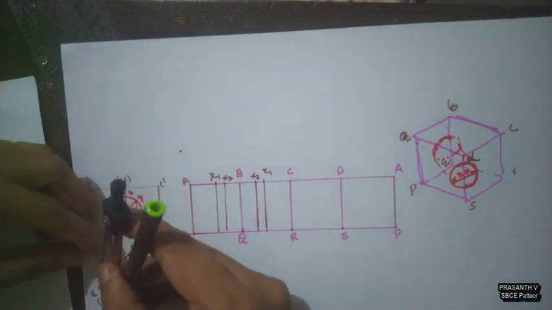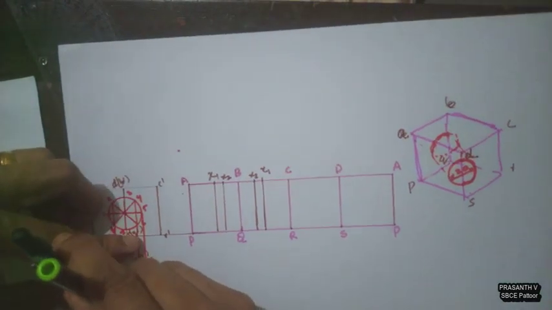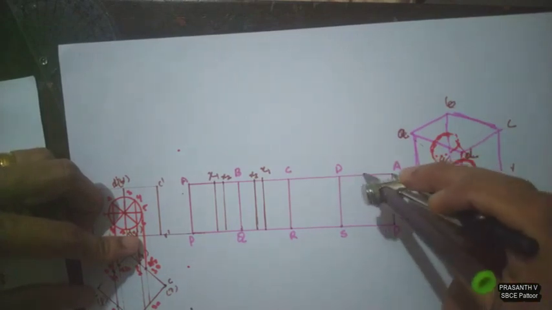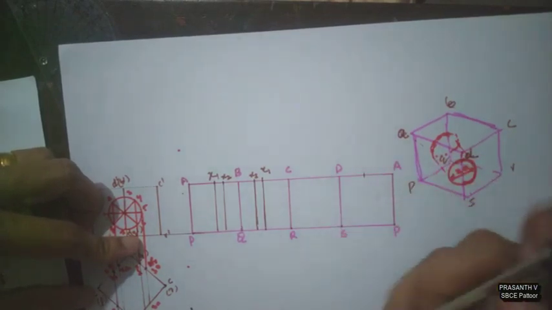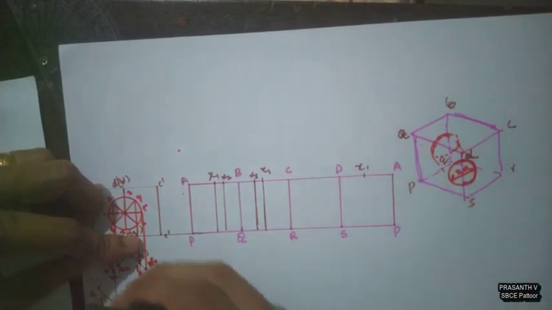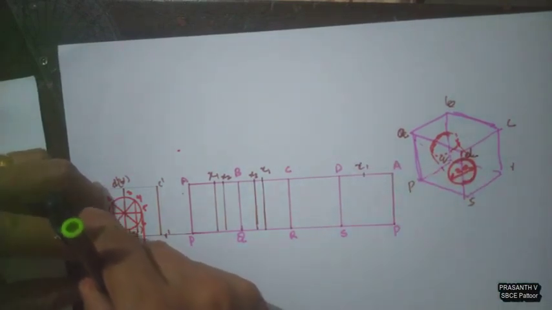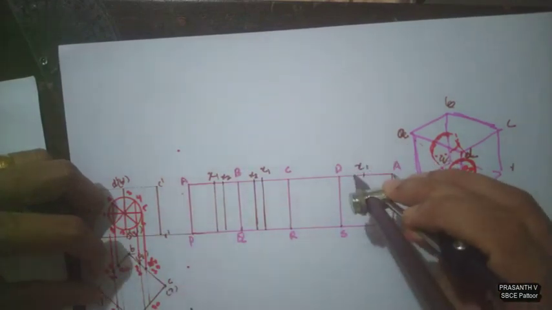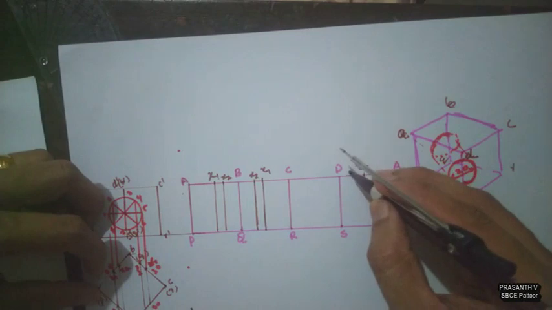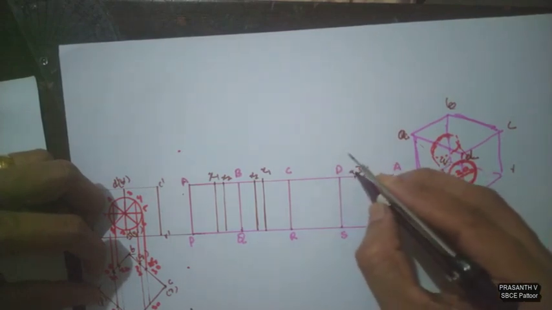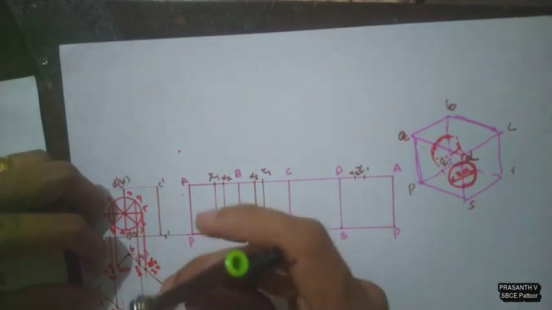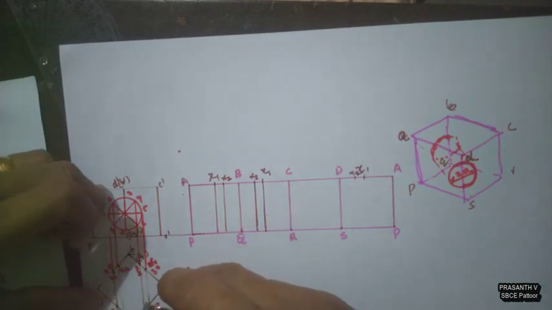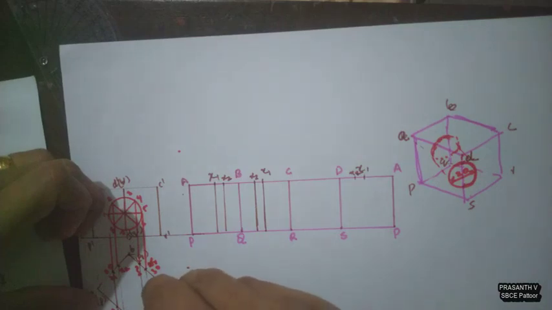Say, I can take A to x1 distance. Here I can mark A to x1. This is A to x1, and right here x1, again A to x2. Mark it here. This is x2. Now C to x1.